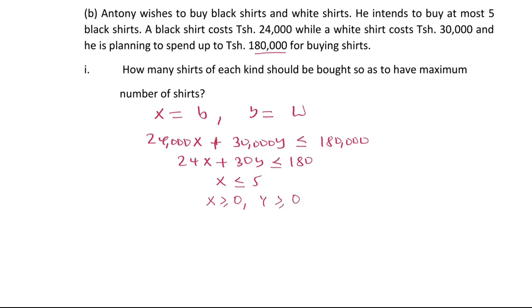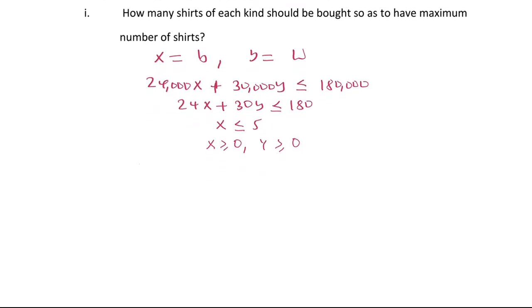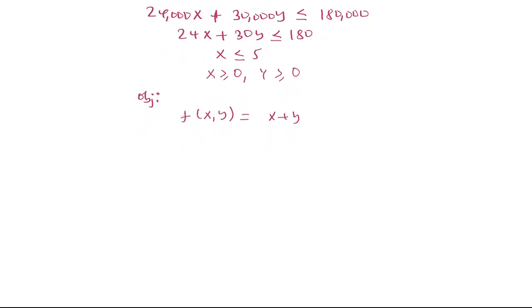Then next, we need to determine the objective function. Since the aim is to realize the maximum number of shirts, the objective function f of x, y equals x plus y. Okay, so next we are going to draw the graph in order to find the optimal points that satisfy the objective function.